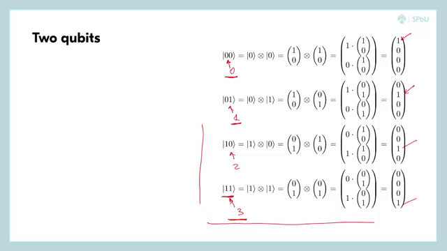So this is why this rule is very convenient. Now, if you consider, for example, the state of 3 qubits like this, this state will be represented by a vector in 8-dimensional space, so it will be a column with 8 coordinates in it.